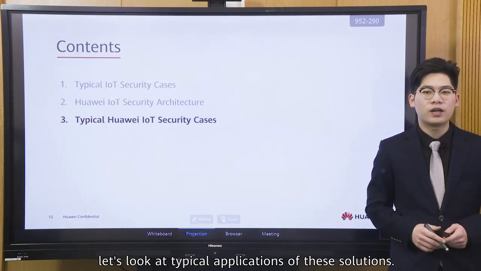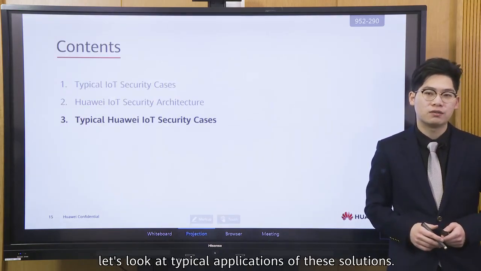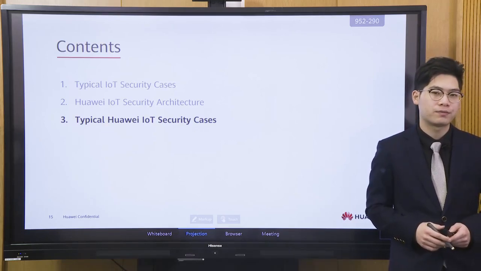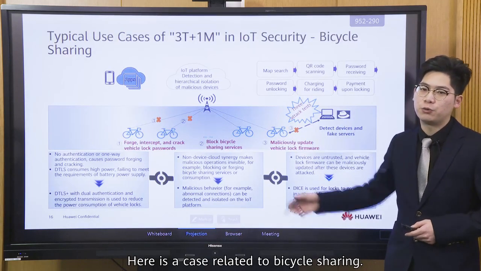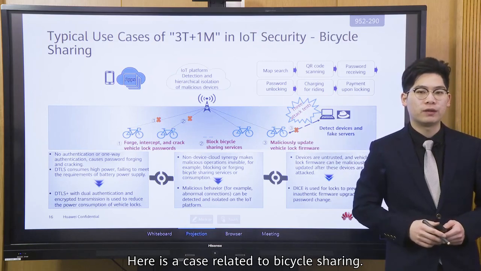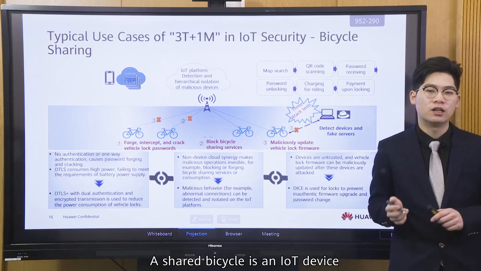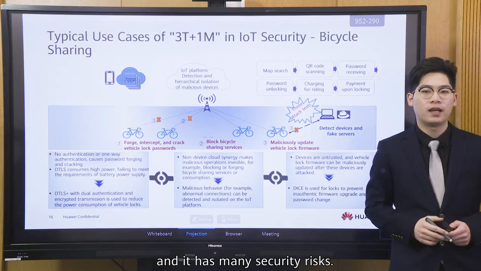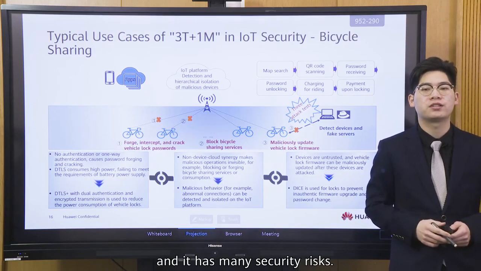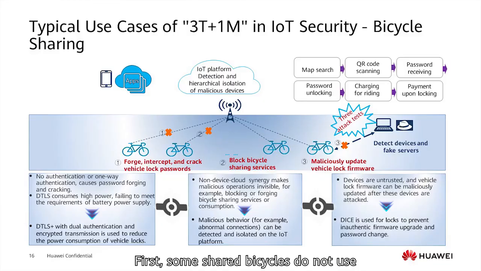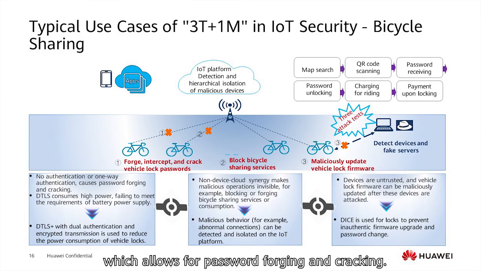Next, let's look at the typical applications of these solutions. Here is a case related to bicycle sharing. A shared bicycle is an IoT device, and it has many security risks. First, some shared bicycles do not use security encryption methods, and authentication may not be required for obtaining passwords, which allows for password forging and cracking.